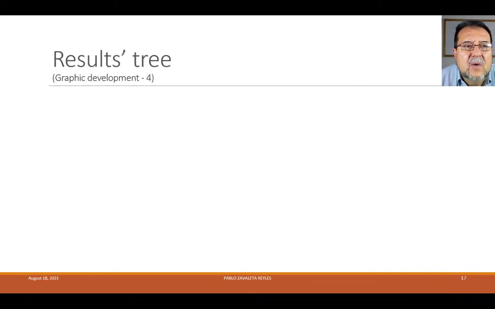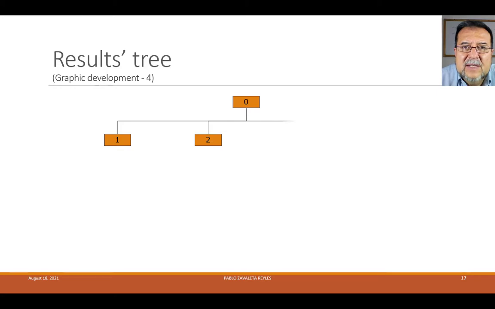So now let's go with the graphic development of this. We start, as we said, with our highest level result. Always, by definition, this result is named 0. Its number is 0. This result has different component results, 1, 2, and 3 in this case.